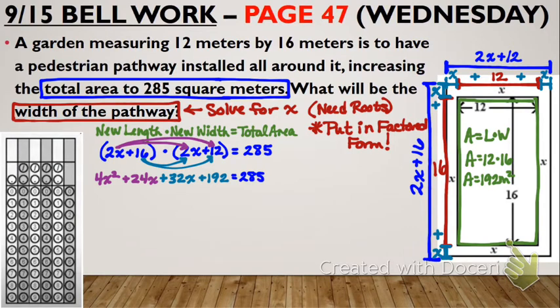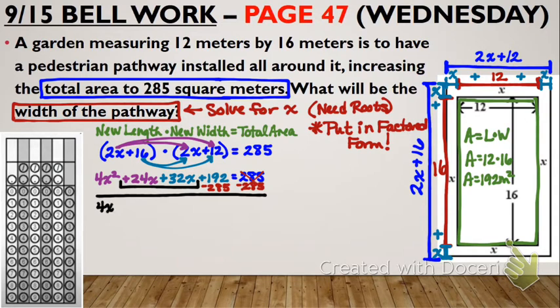Now that I've double distributed, I can subtract that 285 from both sides so that I get it set equal to 0. So I'm going to subtract 285 from both sides. And while I combine those, I'm also going to combine these two together.